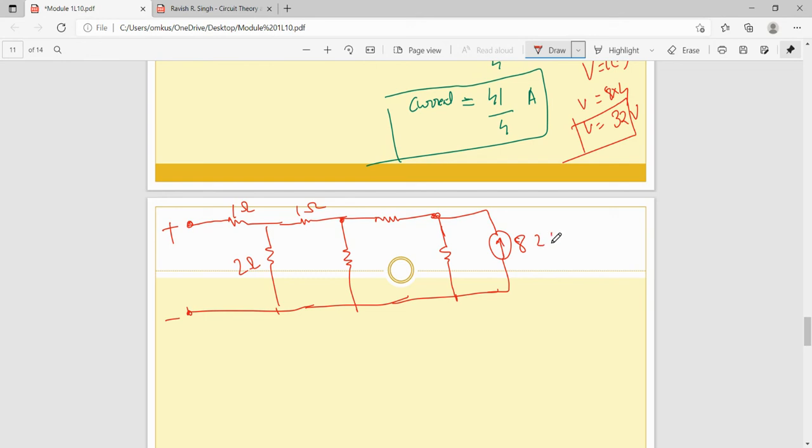So this is your 82 ampere, 1 ohm. This is 2 ohm. I think this is 3 ohm, right? And this is your 4 ohm. So you need to find out the value of current, or the value of this voltage.